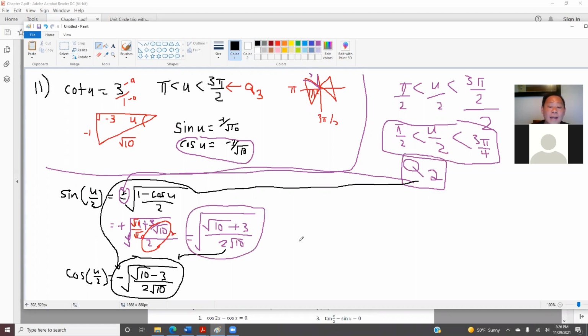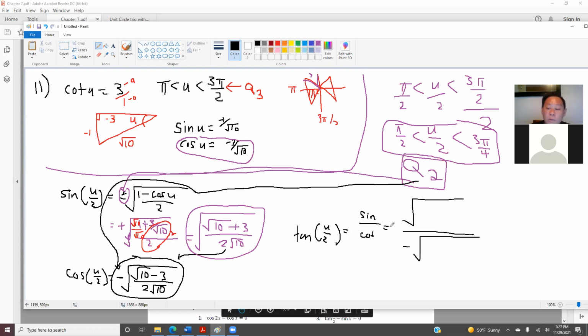And lastly, to find the tangent of u over 2, what I do here is I take sine over cosine. So sine is this, square root of, and then cosine is that, negative square root of, so this is divided. And you notice that your denominator here is the same, so I can cancel it.